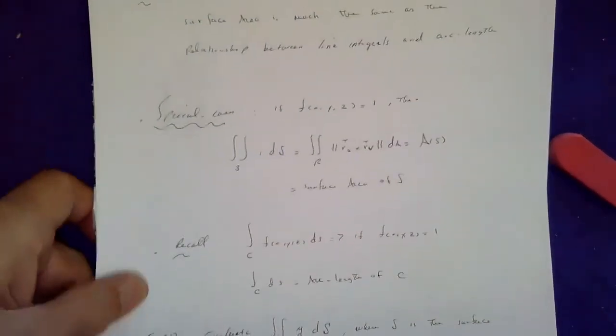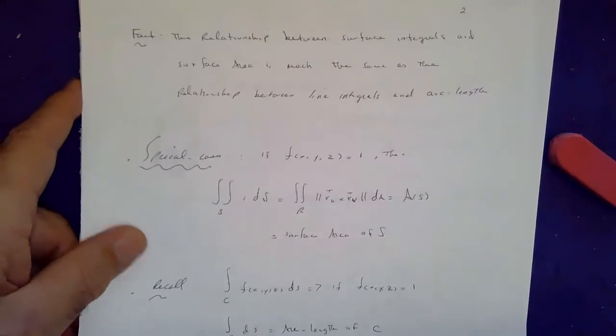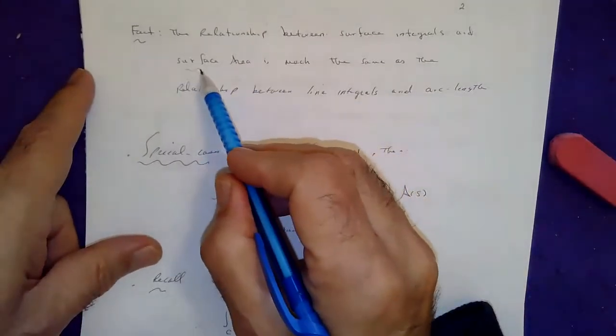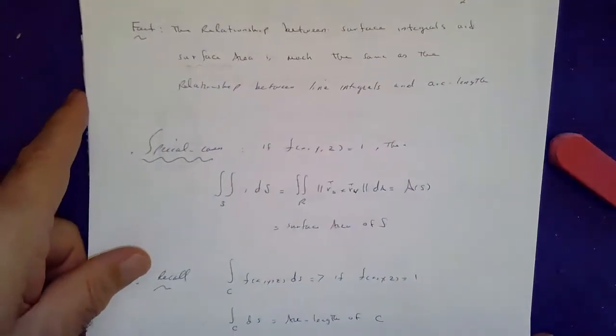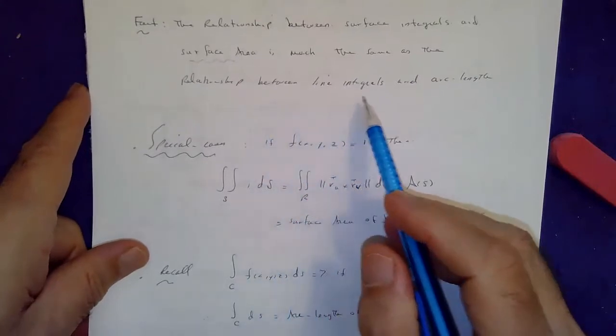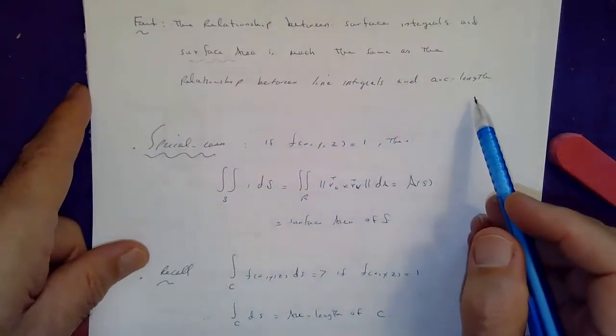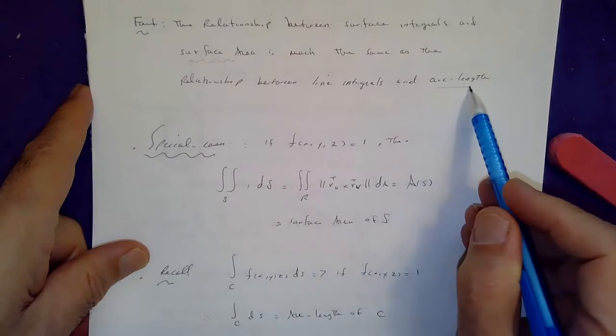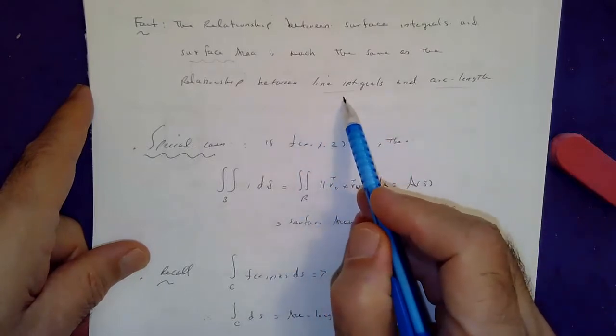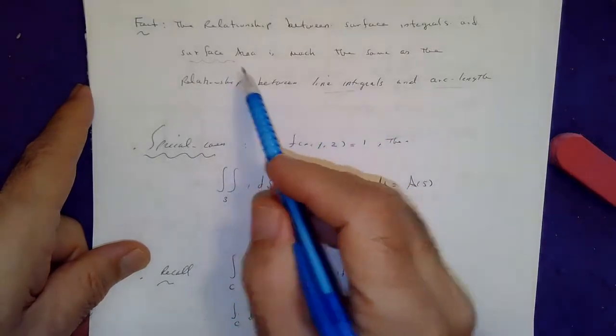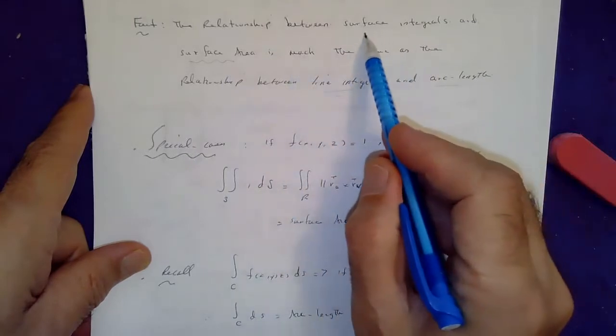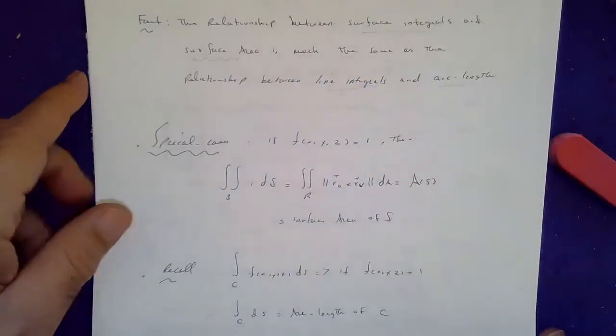So the relationship between the surface integral and surface area is pretty much the same as the relationship between line integral and arc length. In other words, arc length was a special case of line integral. So surface area is a special case of surface integral.